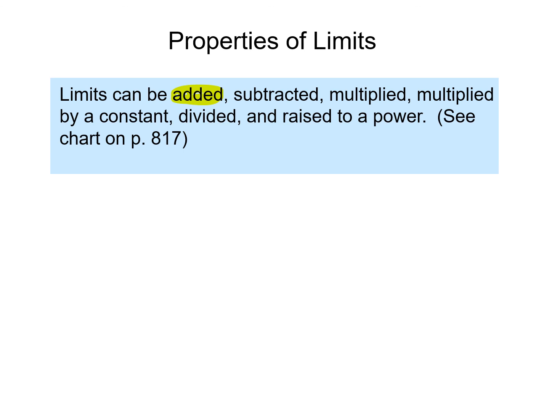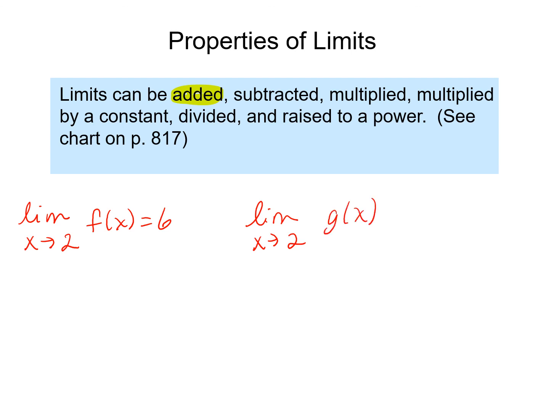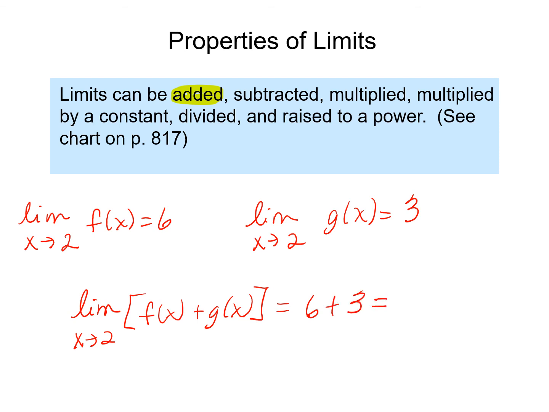So for instance, if I had the limit as x approaches 2 of f of x equals 6, and I had the limit as x approaches 2 of g of x is equal to 3, then I could say that the limit as x approaches 2 of f of x plus g of x is as simple as taking each of the limits separately and adding them together.